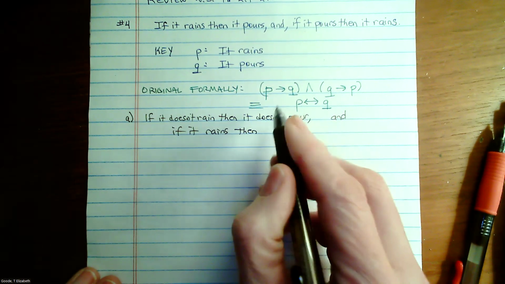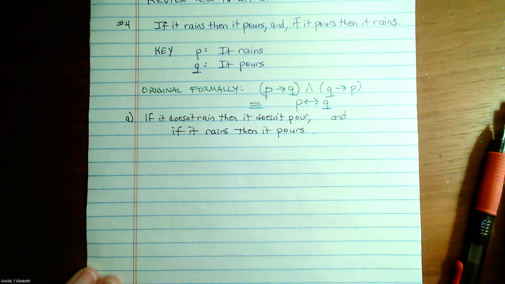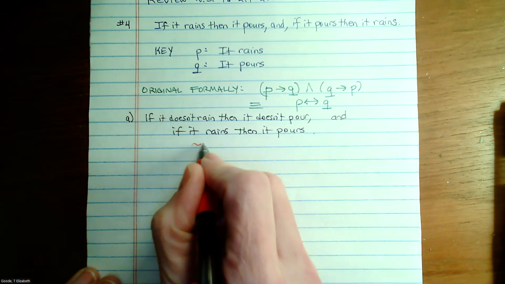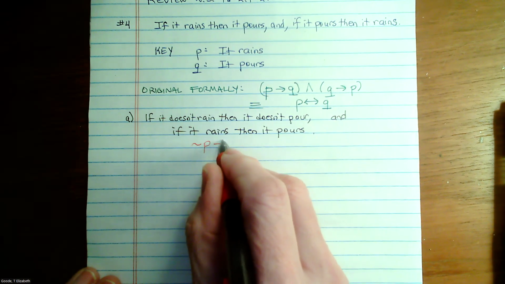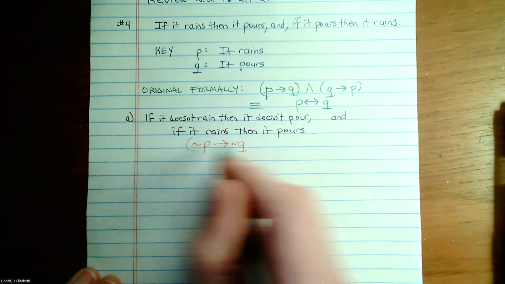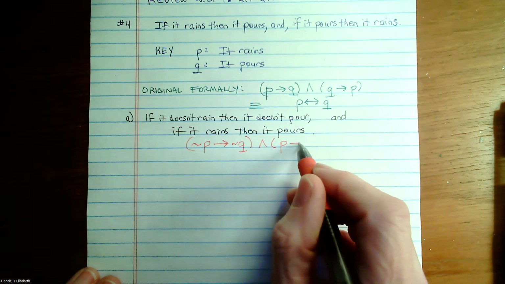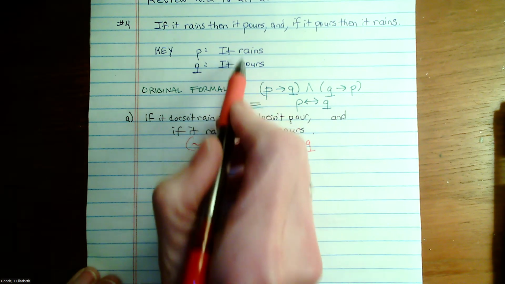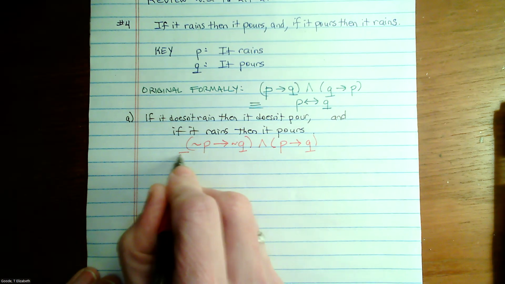So when you wrote that formally, what did you write? I wrote not P implies not Q, because it doesn't rain would be not P. So not P implies, because it's an if-then, not Q. Good. And P implies Q, because if it rains, then it pours is P implies Q, right? And how did you simplify that?